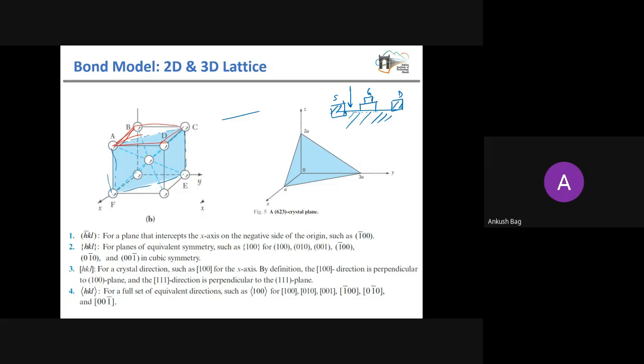So that is why we need to index the crystal planes differently. Take the case of silicon: these are all the planes, like this plane.